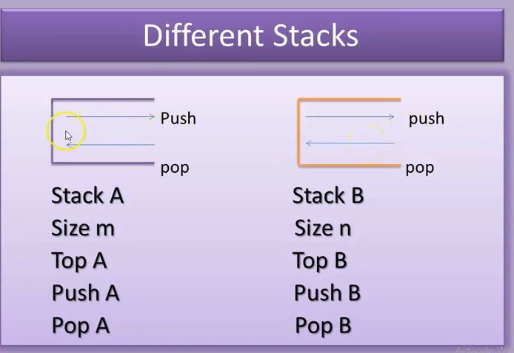When we store some 3 elements in the stack, how many spaces are left? Since the size of the stack is 5, there will be 2 spaces left in this stack.